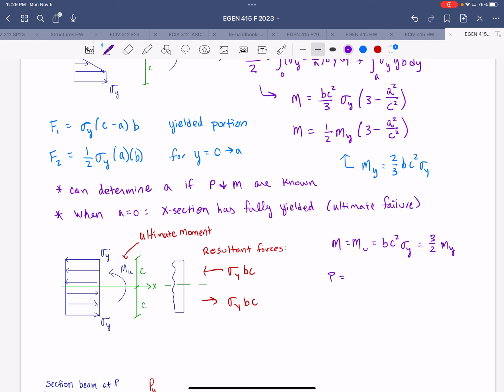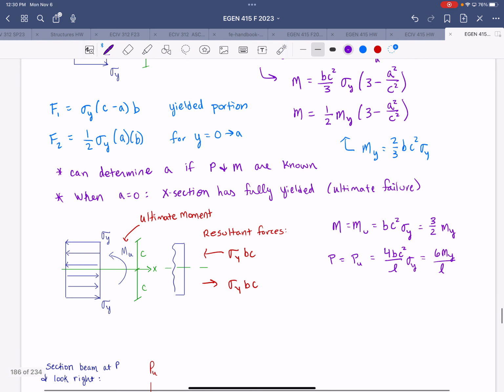And then it follows that our force is equal to the ultimate force in this state, and that's going to be 4 b c squared over L times sigma y, which is going to be 6 times the yield moment divided by L. All right, so that's just plugging in M equals PL over 4 to get that connection between the moment and the applied load.